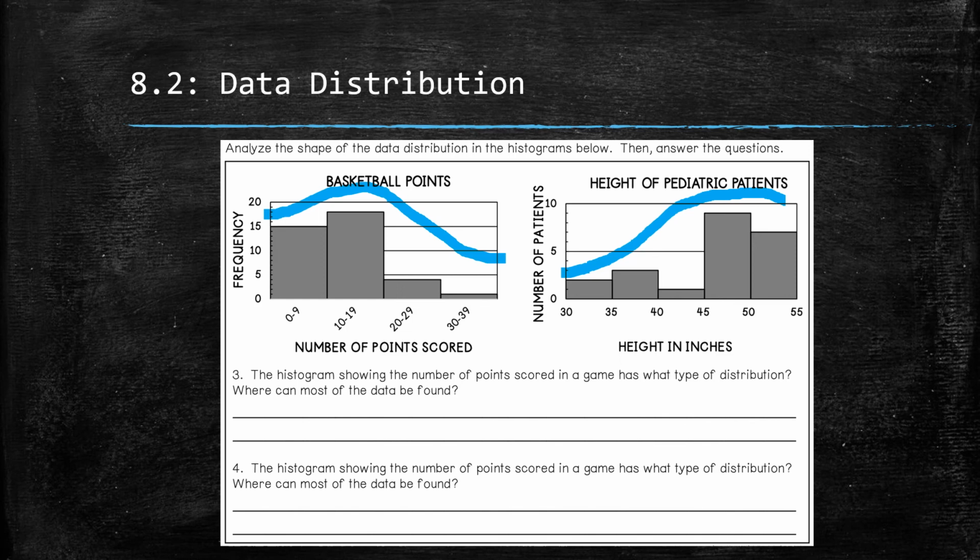And I can also see where that center is, that high point of my data. So looking at question 3, it says the histogram showing the number of points scored in a game has what type of distribution? Well, looking at that, the majority of my data is to the left, so it's skewed right. And where is most of my data found? Well, it's found between 10 and 19.